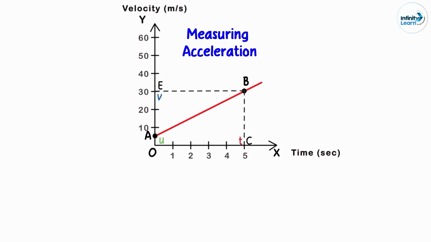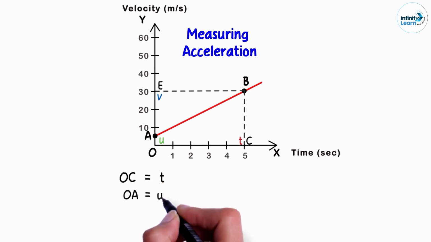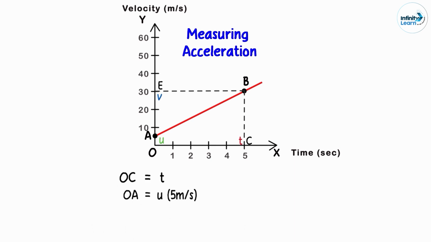Now let's discuss the different parameters in terms of the lengths here. This change in velocity is over the time period t, which is OC. And OA is the initial velocity. It's 5 meters per second. Now can you tell me which line represents the final velocity? The final velocity is BC or even OE.